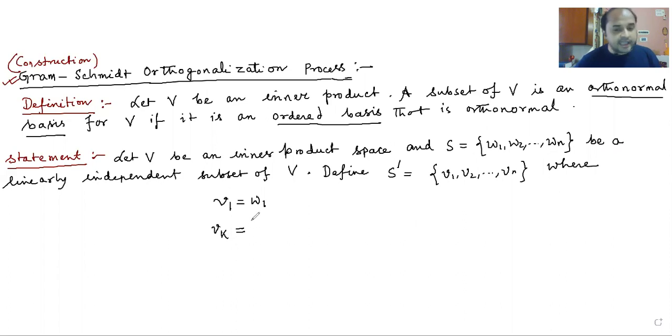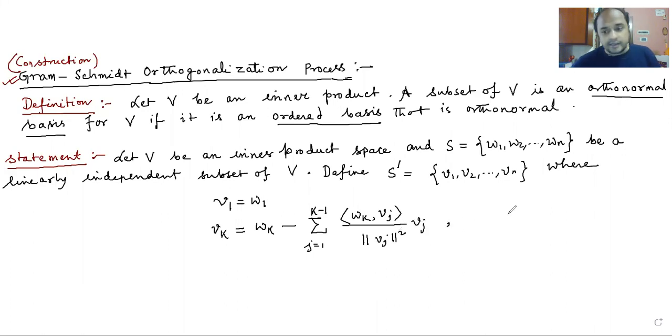Vk is constructed as Wk minus the summation, j goes from 1 to k minus 1, of the inner product of Wk comma Vj divided by the norm of Vj squared, times Vj, where k lies between 2 and n, or we could have written k equals 2 up to n. This is another representation showing that k runs from 2 up to n.